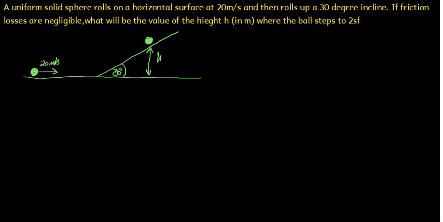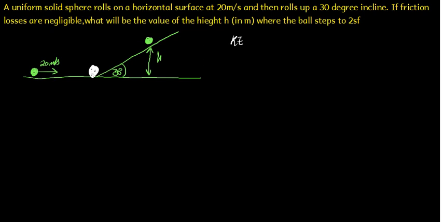At the start, it has 20 meters per second velocity, so what kind of energy does it possess? Notice that it was rolling, so because it is moving at a certain velocity, it has kinetic energy.